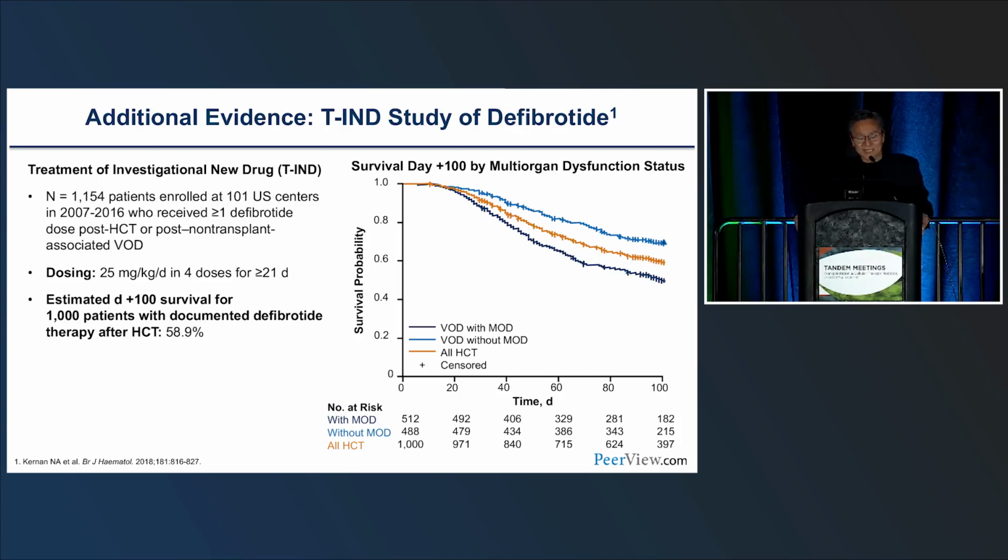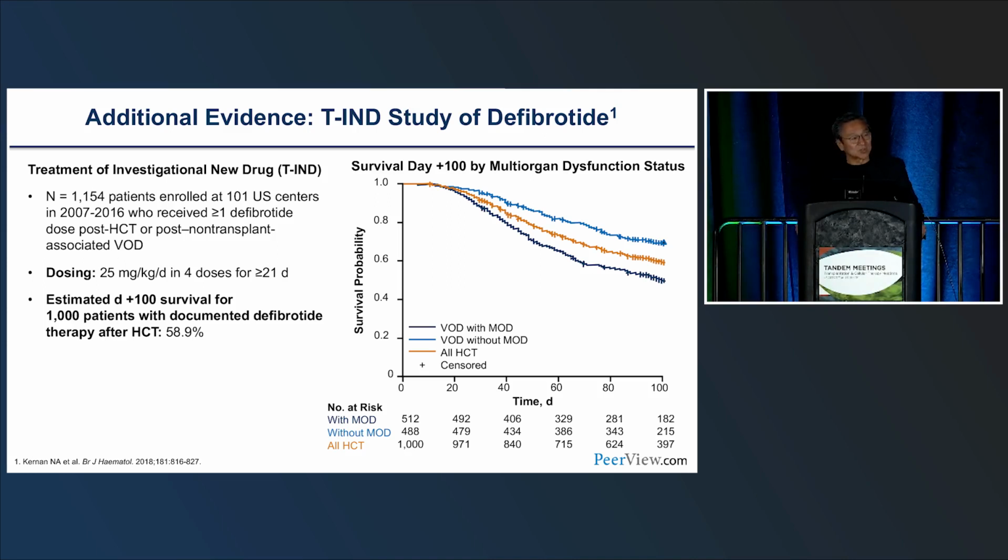There's also this treatment investigational new drug study, which looked at 1,154 patients enrolled at 101 U.S. centers who received one or more defibrotide doses after transplant with this diagnosis of VOD.